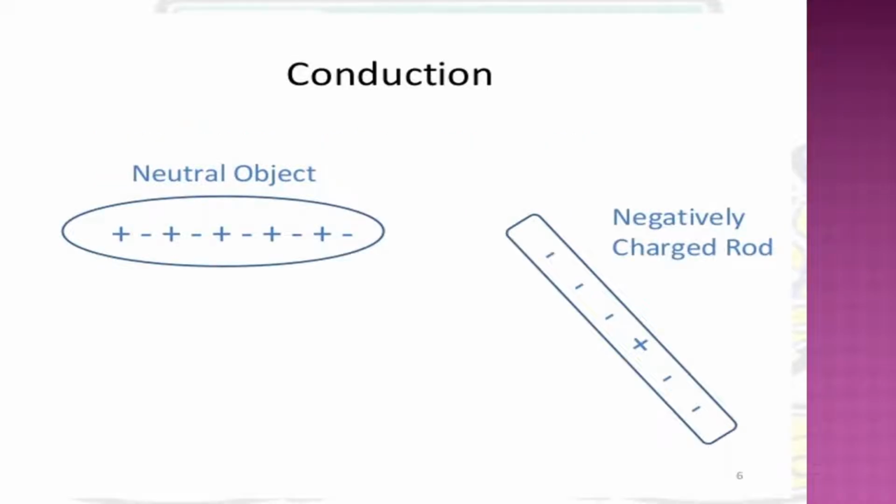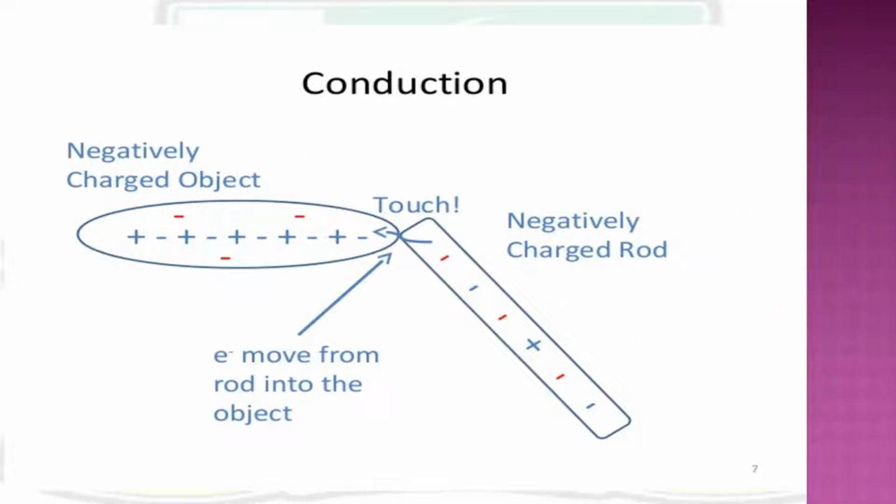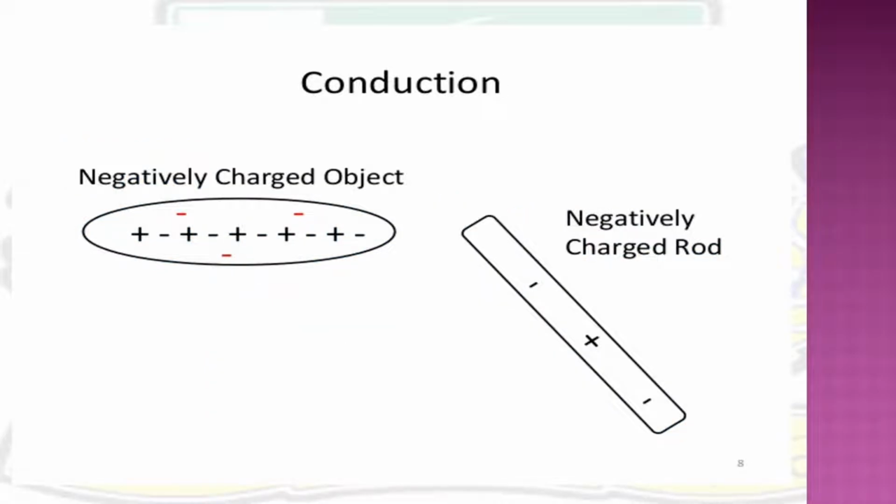To better understand, we have to see an example here. Students, consider that there is a neutral object and a negatively charged rod. Now when we touch the negatively charged rod to the neutral object, you can see that it becomes negatively charged, and the charges move from the rod into the object.